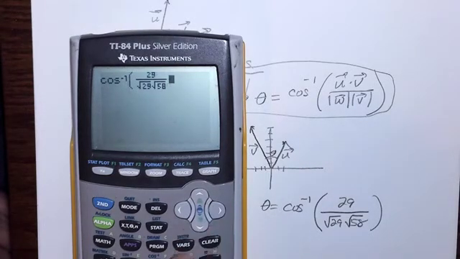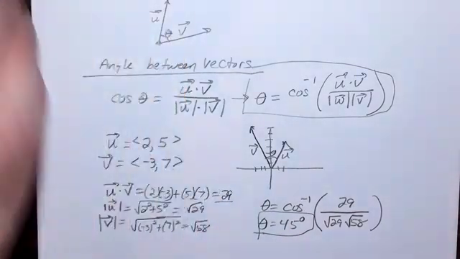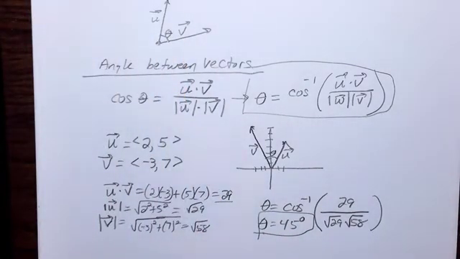And we can go outside here and put a parenthesis if we want. You don't have to do that. But then we hit enter, and the answer to that is theta equals 45 degrees. Hey, that came out really nice. All right, and that's how you find the angle between two vectors.